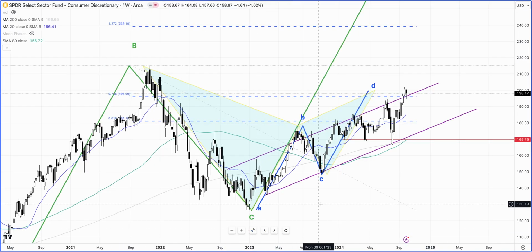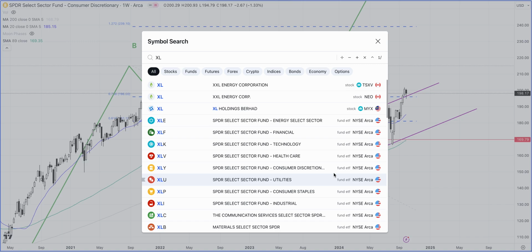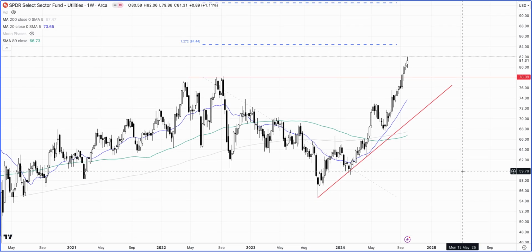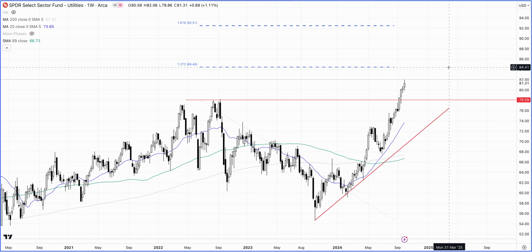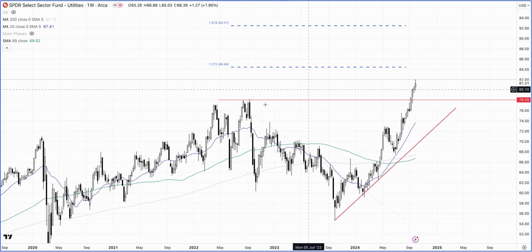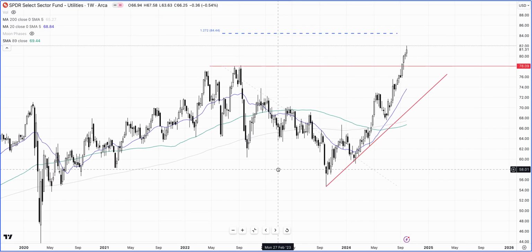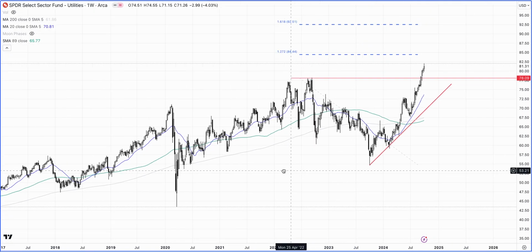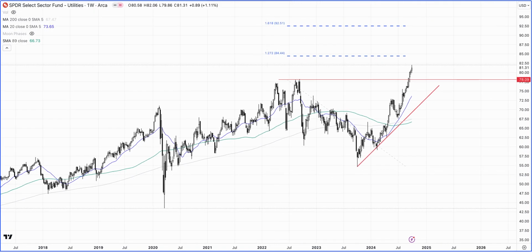And now let's take a look at the utilities. So utilities have been really strong. We have been discussing this. Now it's heading towards 84.50, possibly even 92.51. That's going to be the expansion of this 2022 bear market. I have not drawn an ABCD of it, but we could easily do that.